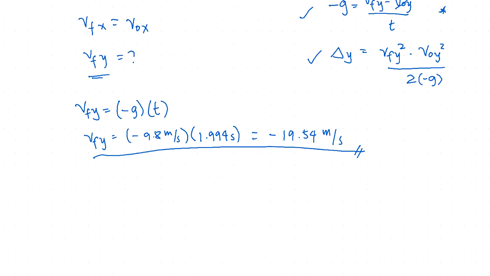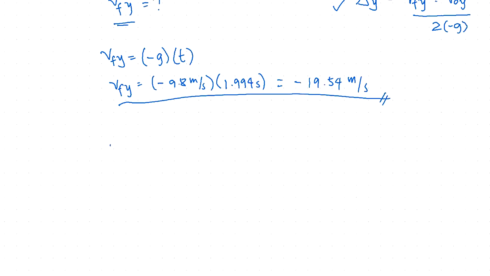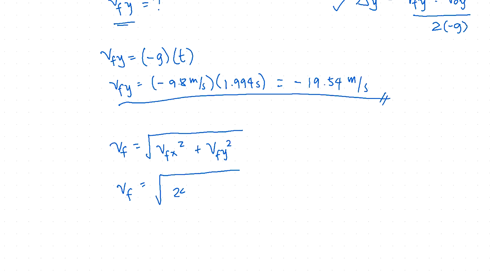So, we can get the final velocity using the Pythagorean. The final velocity is equals to the squared value of the final velocity on the x-axis plus the final velocity on the y-axis squared value. So we can get the final velocity as square root of 24.1 squared plus negative 19.54 or 19.5 meters per second squared.